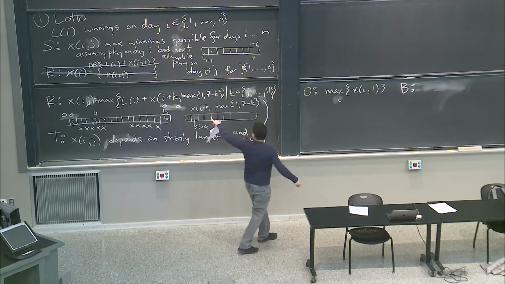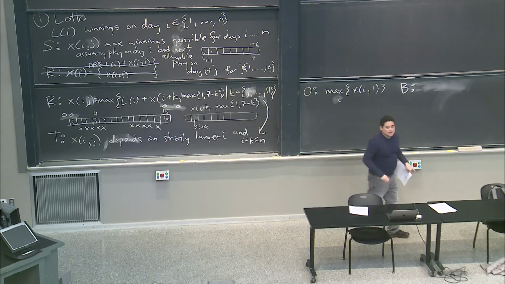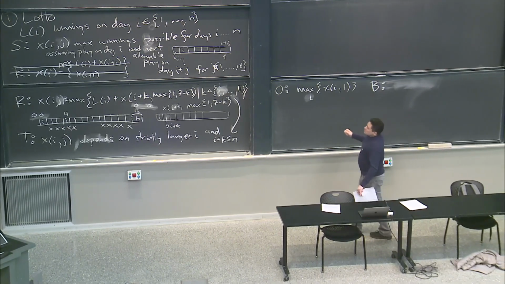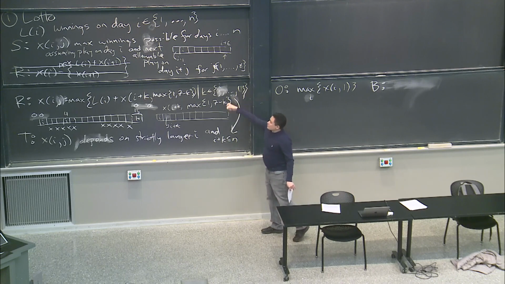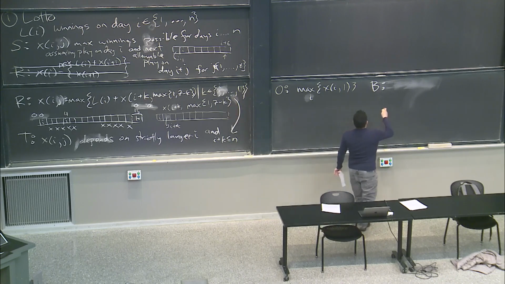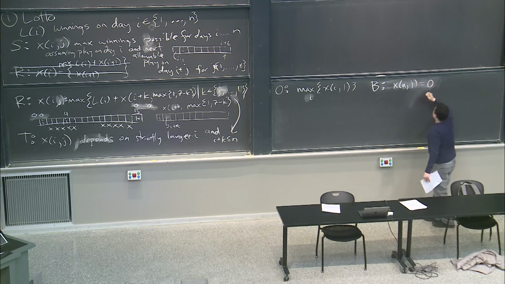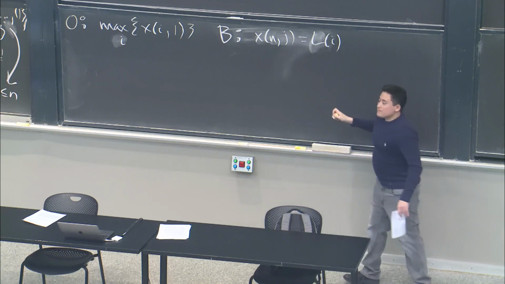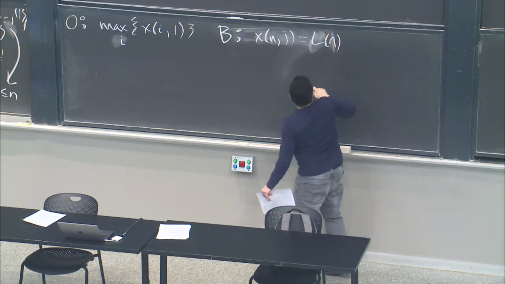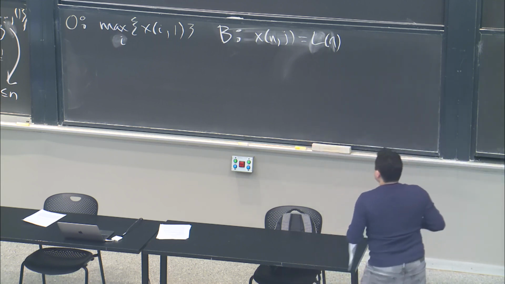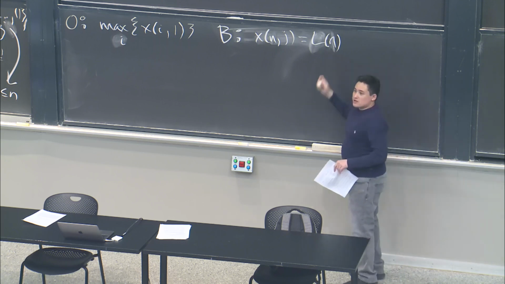Or I could just say, whenever it's empty, we can say the base case xij equals L of n, because at the last guy, I have to use ln. So there it is.